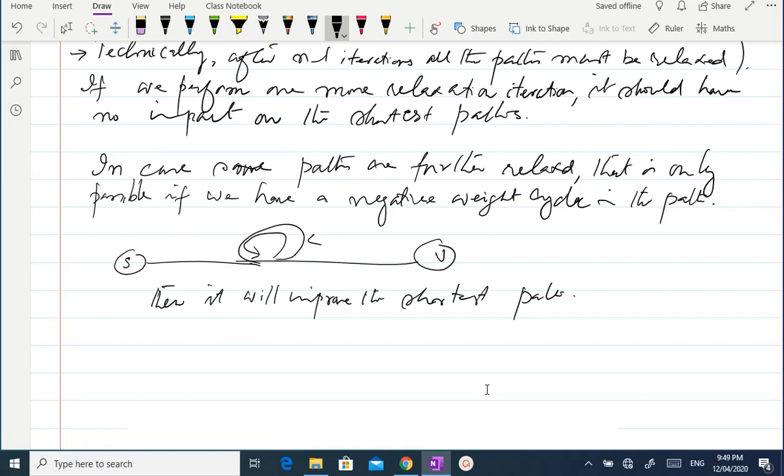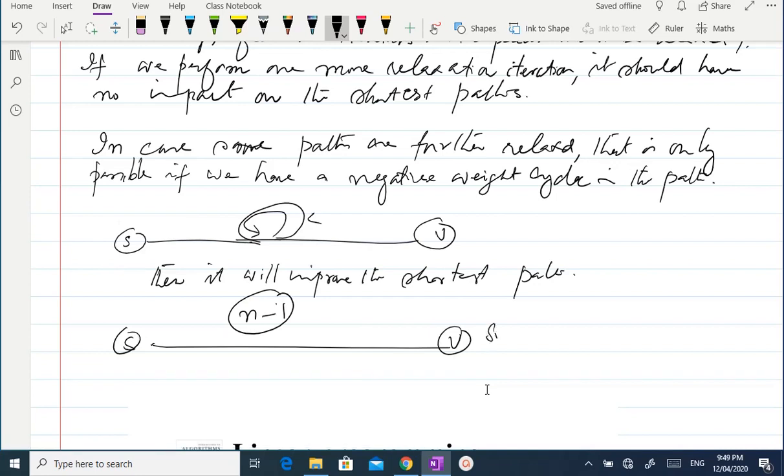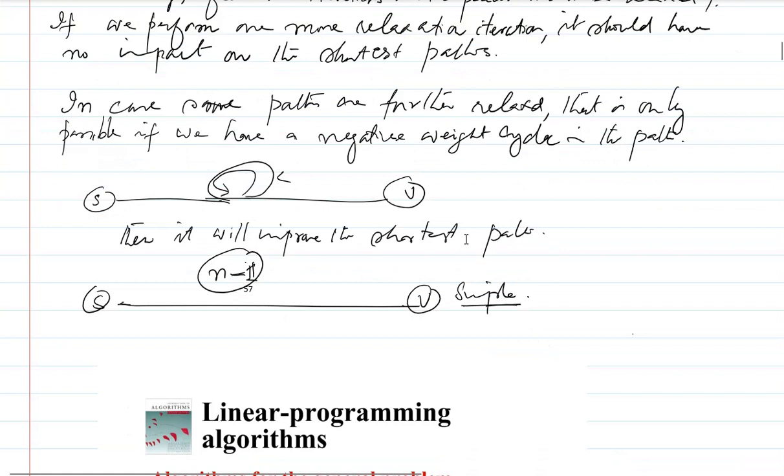Because as we have already discussed, by using n minus 1 edges, you have found a path which is simple. All the other cases in which you are using more than n minus 1 edges, it is only possible if you have a negative weight cycle. So I hope that now it is clear how it actually works and what is the logic behind it.